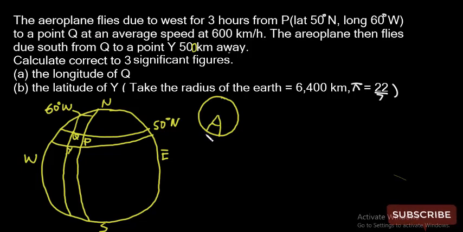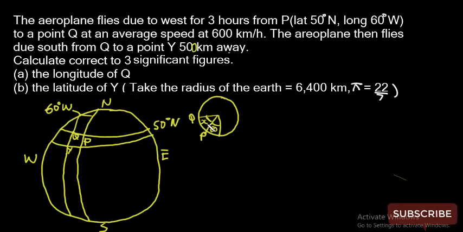This is where P is at. This is P. So it traveled from 60 degrees west, then continued to Q. For this longitudinal difference, we don't know, so let this be X. Then we're told the distance and the average speed it took.